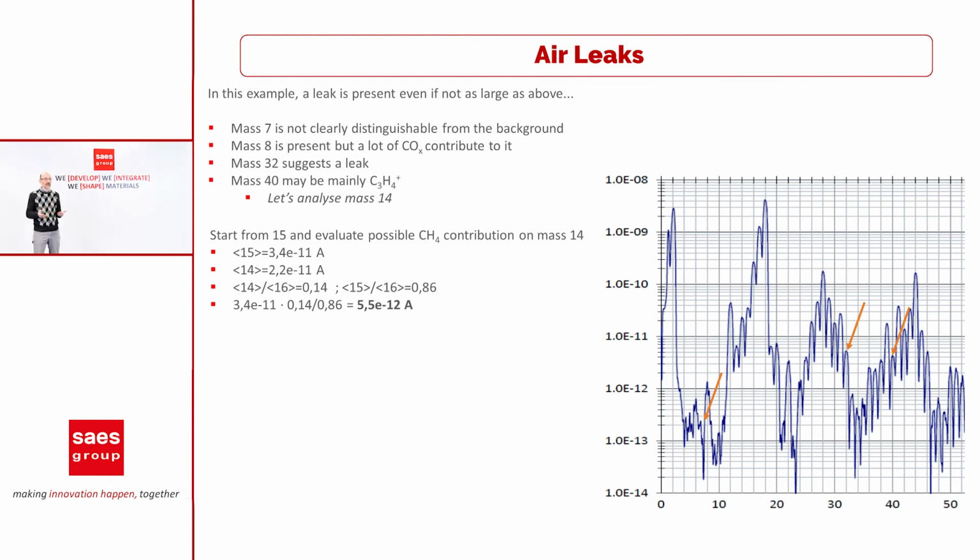With a simple calculation starting from the current of mass 15, we can derive methane contribution to mass 14, which is only 25% of the signal. So methane is responsible for 25% of the signal, and we can conclude that nitrogen is likely present.